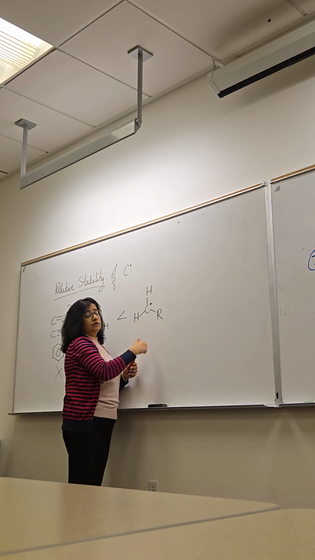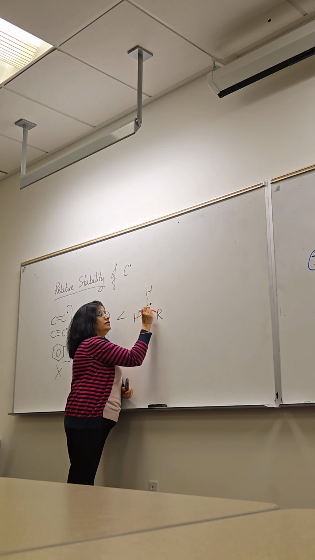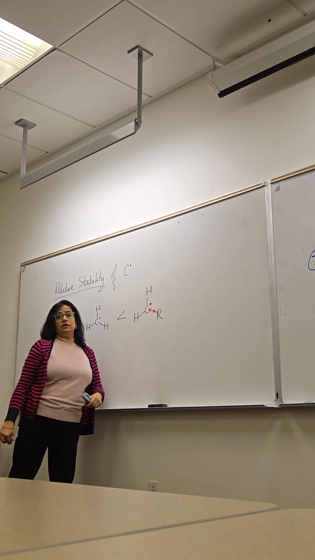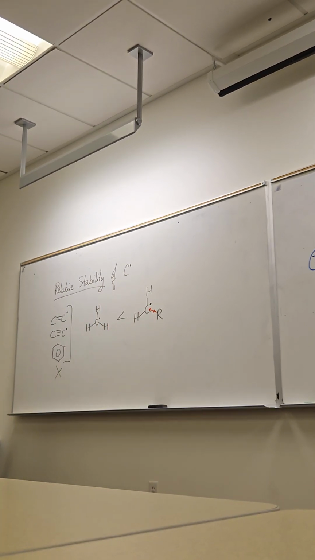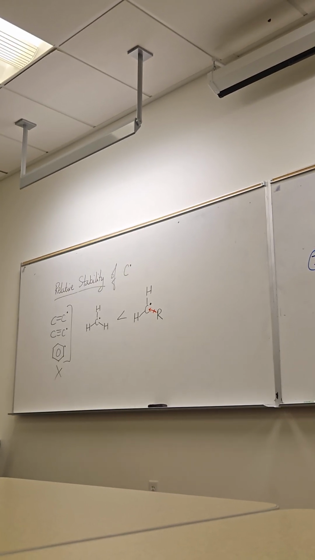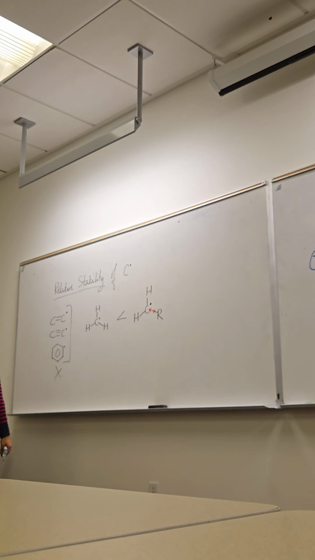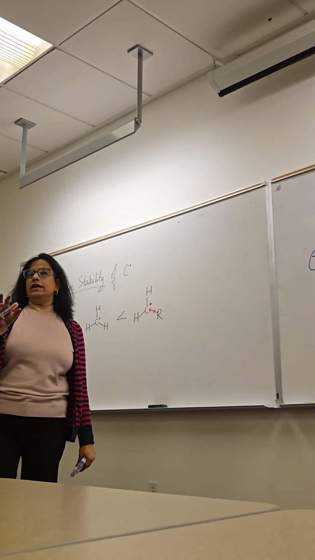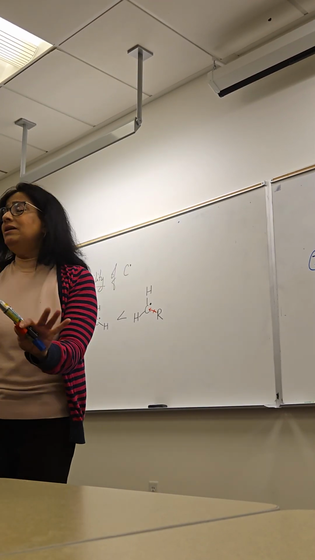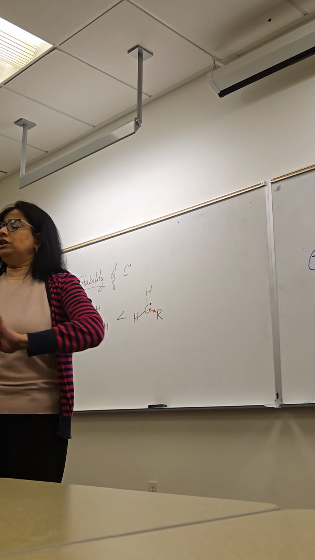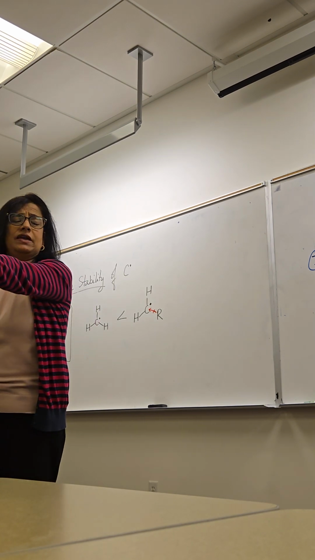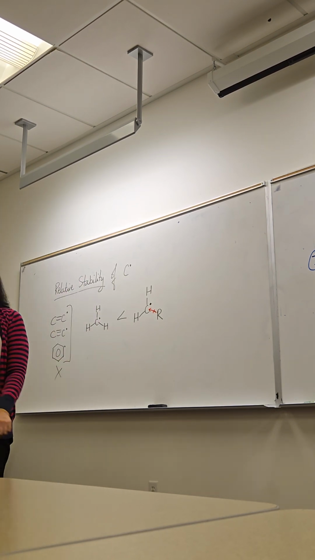Because R's push some of this electron density towards the carbon. R's are said to be electron donating groups through the sigma bond. Not electronegativity though, it's a different kind of effect which we are not studying, called hyperconjugation. But the bottom line is that R's push electron density towards something else through their sigma bonds.